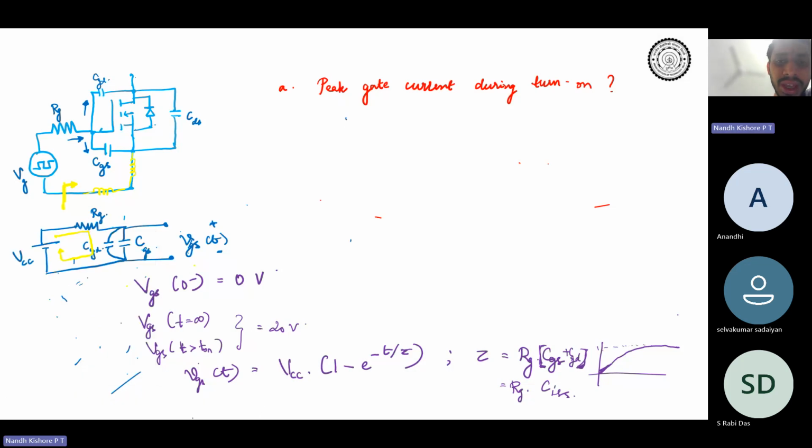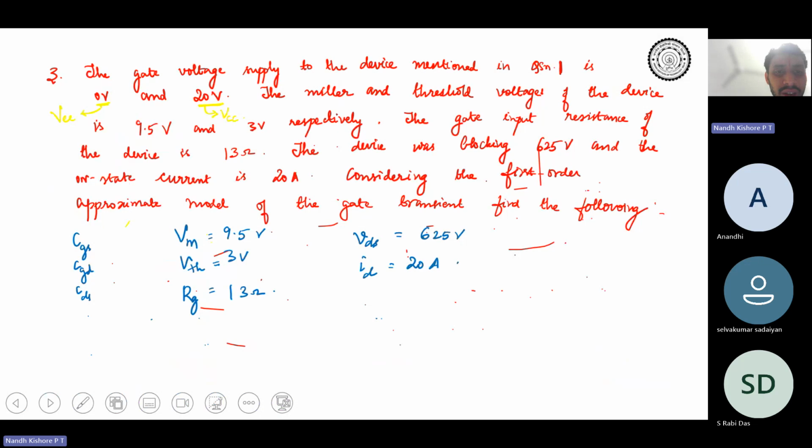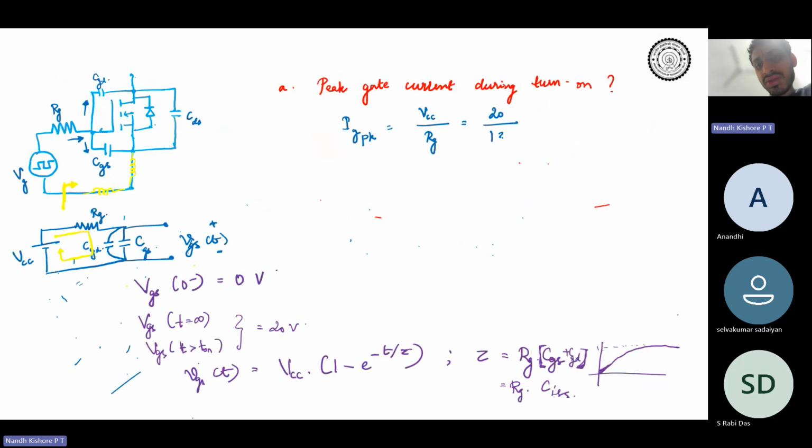So your peak current, IG peak, is going to be simply VCC divided by RG, which is 20 volts divided by 13 ohms. So what was the value? 1.54 amperes approximately.